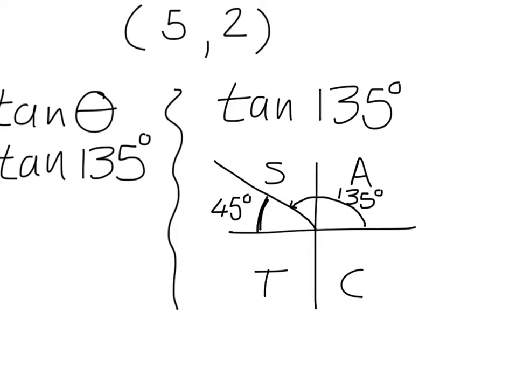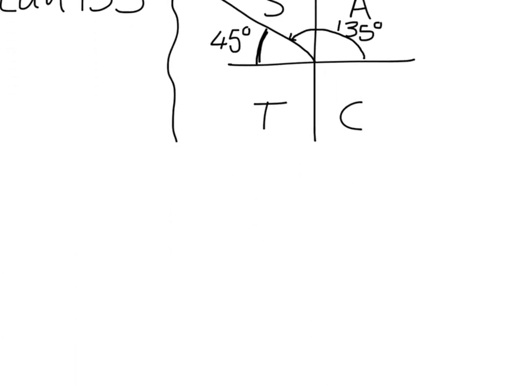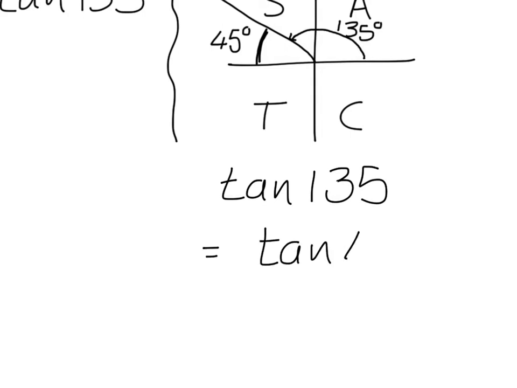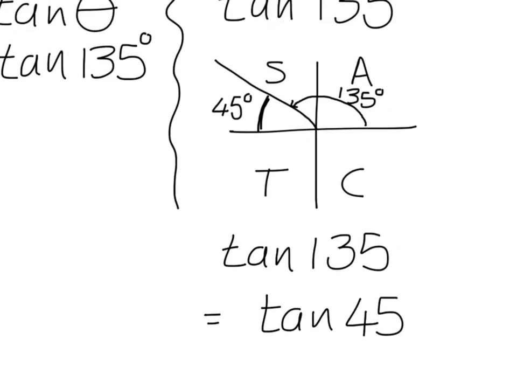So what that tells us is that tan 135 will be equal to tan 45, the only thing is we are in the sin quadrant, which means it will not be exactly the same. It means tan 135 is equal to negative tan 45.